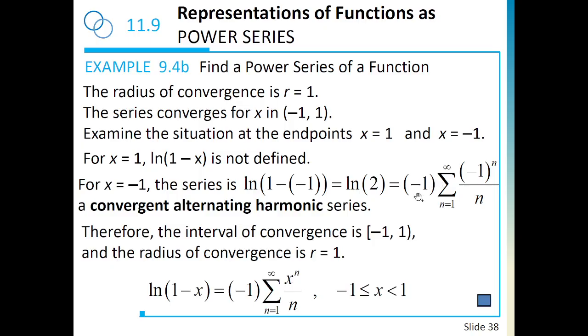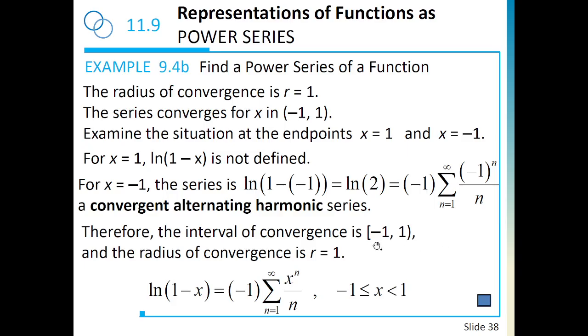By the way, we could take minus 1 times this, so it will be minus 1 and plus 1, but it doesn't matter. We can keep it as is, it doesn't change anything. So what we realized is at x equal 1, the function is not defined, so the equality cannot be true. But at x equal negative 1, the function is equal to a number and the series is convergent. Therefore, at x equal minus 1, the equality is true.